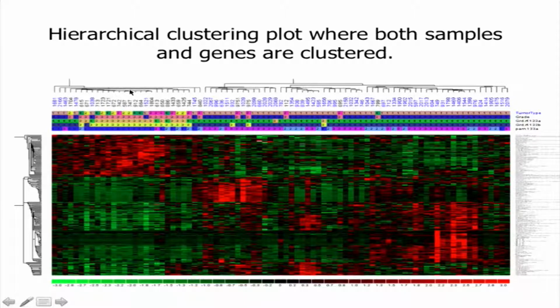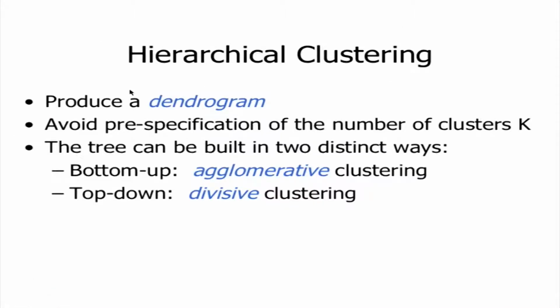I will talk about that now. These cluster trees are also known as dendrograms, and as I mentioned, they avoid the pre-specification of the number of clusters. A tree can be built in two ways, bottom-up or top-down. But here we only look at bottom-up approaches.